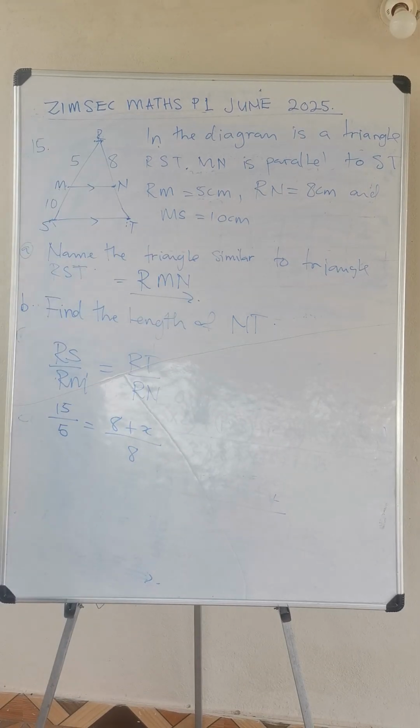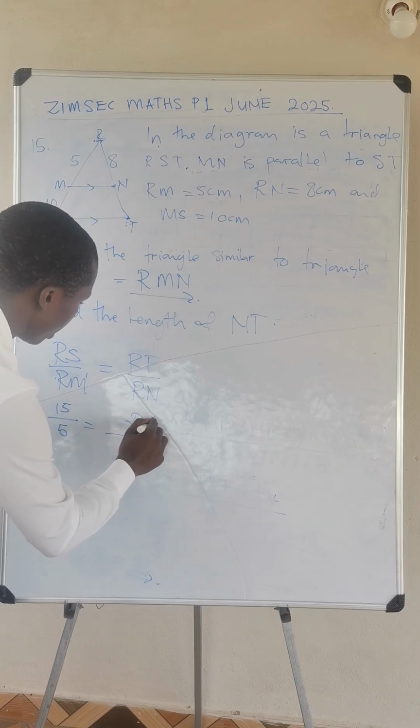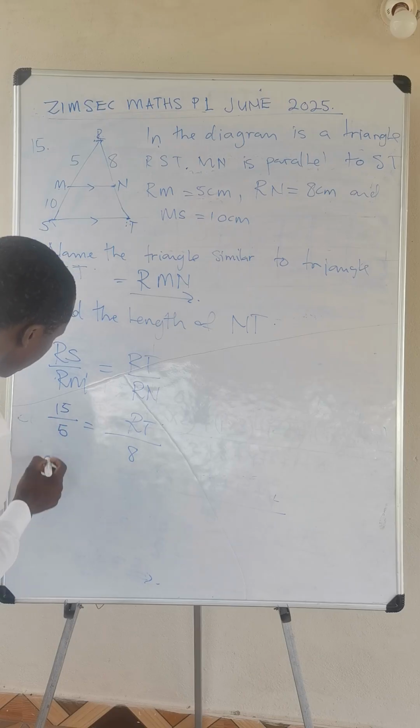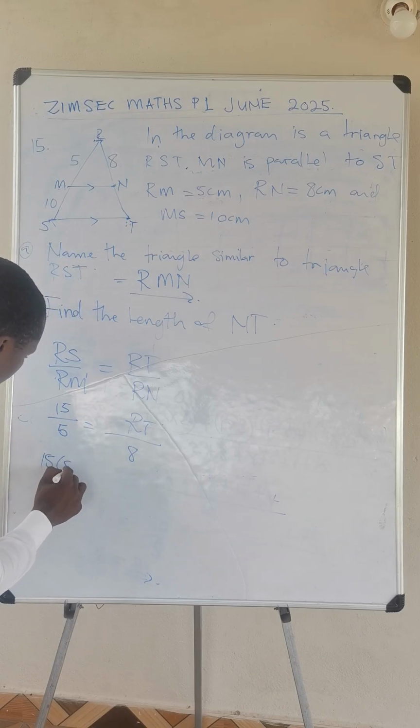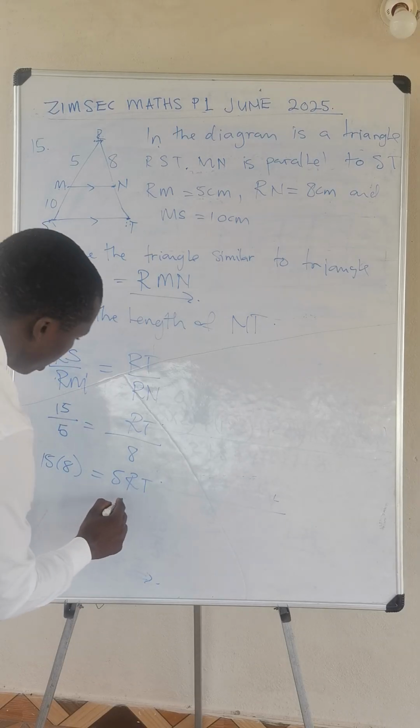Let's just write RT to get the whole length. So here it's 15 by 8 is equal to 5 RT.